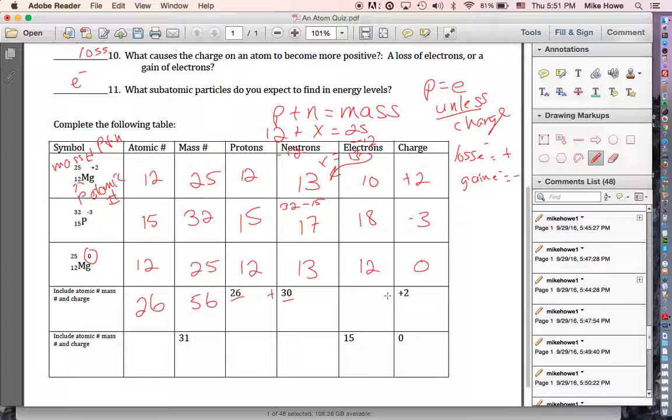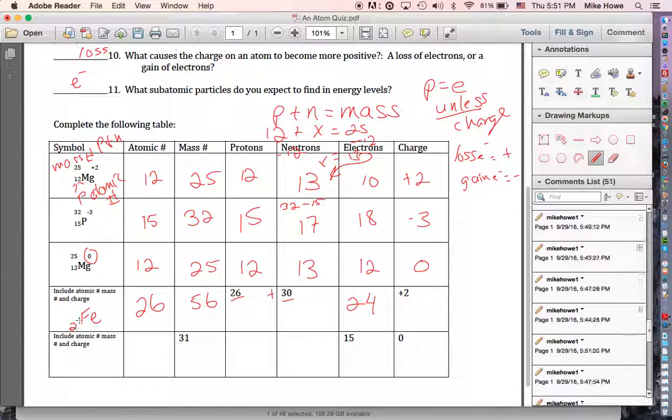So you've lost 2, so your number of electrons would have been 24. And the symbol is Fe. Number 26 protons is number 26 on your periodic table, and that's iron. So you have 26 protons, you have a mass of 56, and the charge plus 2. That would be the symbol that I was looking for there.